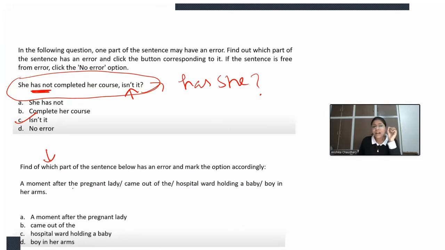It should be a moment later, right? We are talking about after some time. So a moment later will be the correct replacement for this error. So the error lies in the first part.